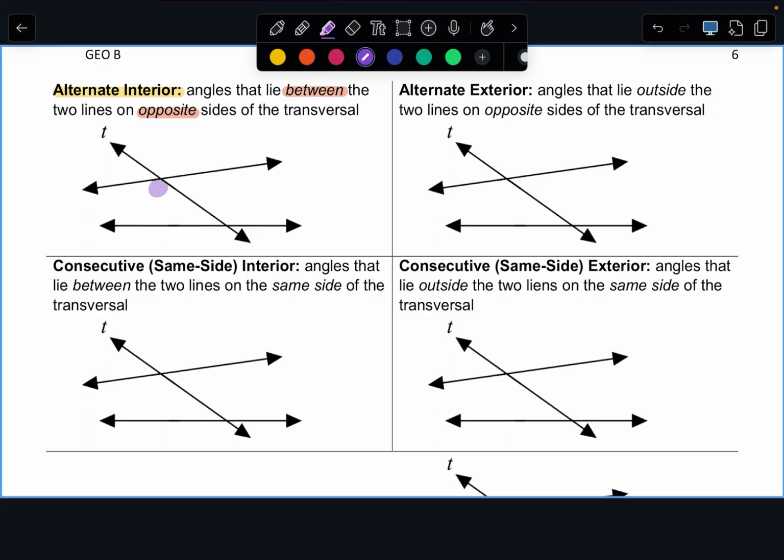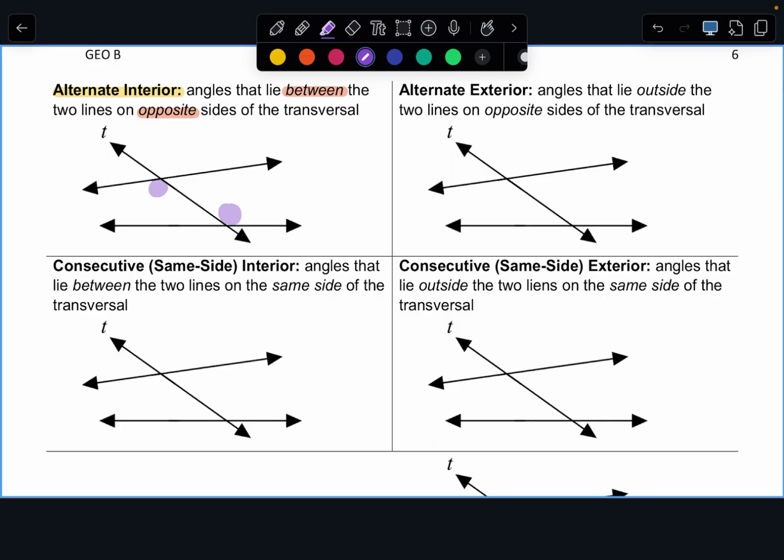Here's one. This is interior. And its pair, to make it an alternate interior angle pair, would have to also be inside the two lines, but on the other side of my transversal, so down here. So alternate interior angles are those two purple ones marked.